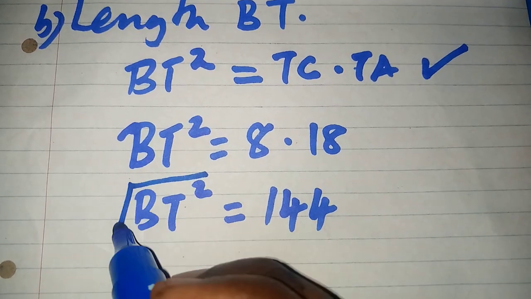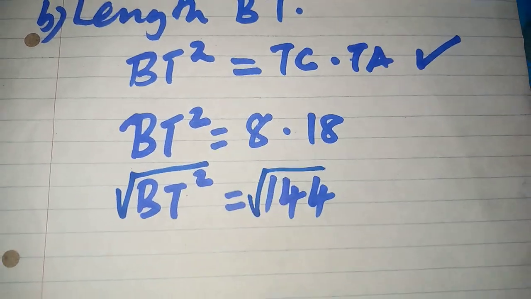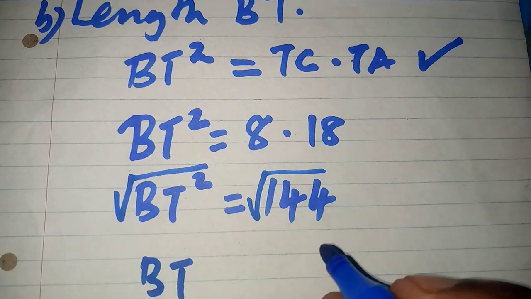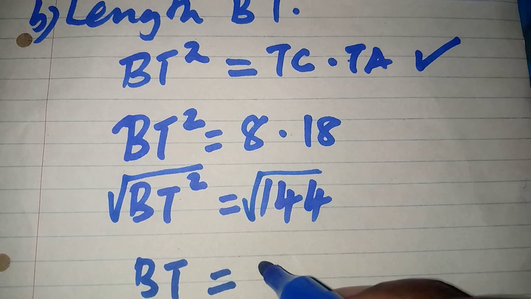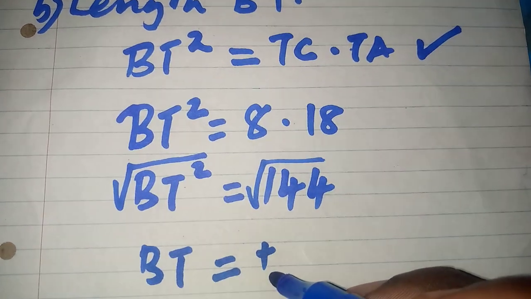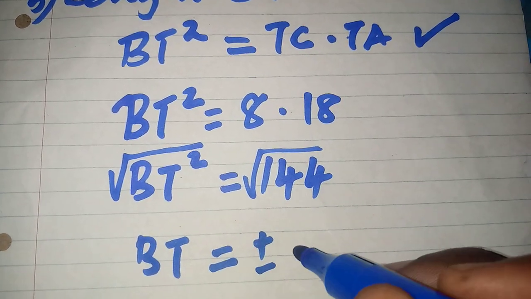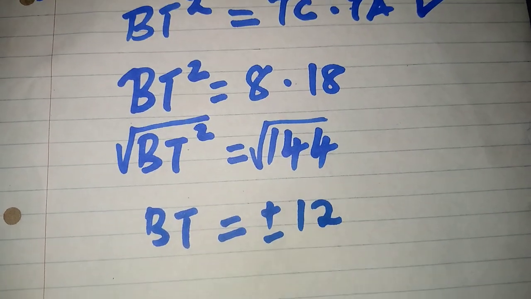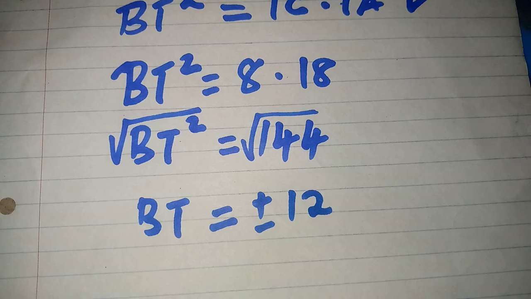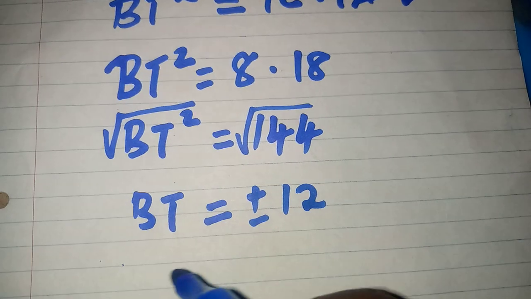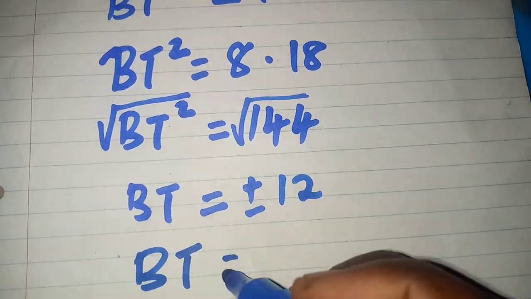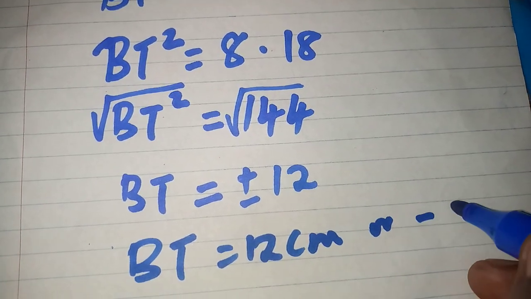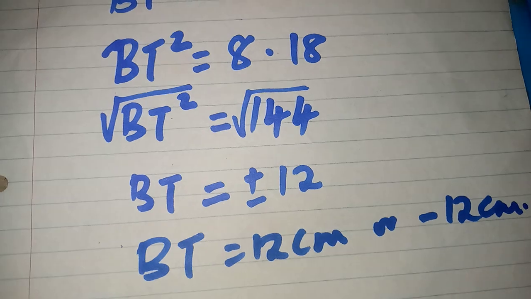So if I take the square root on both sides, then the distance bt will be equal to the square root of 144, of course I'm going to get plus or minus 12. Then that means either bt is equal to 12 centimeters or negative 12 centimeters.